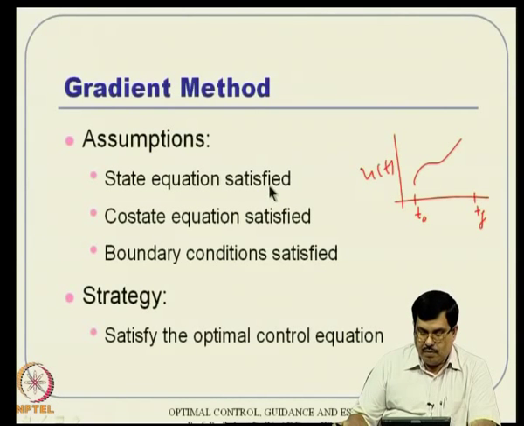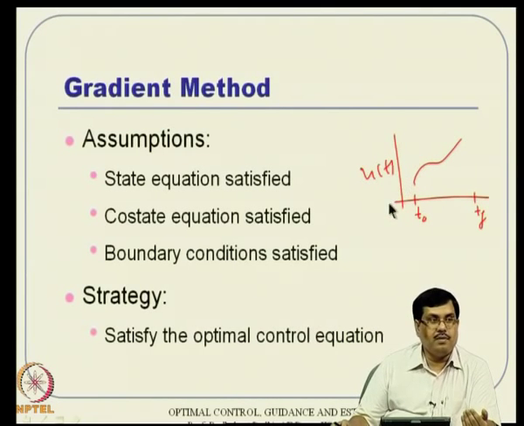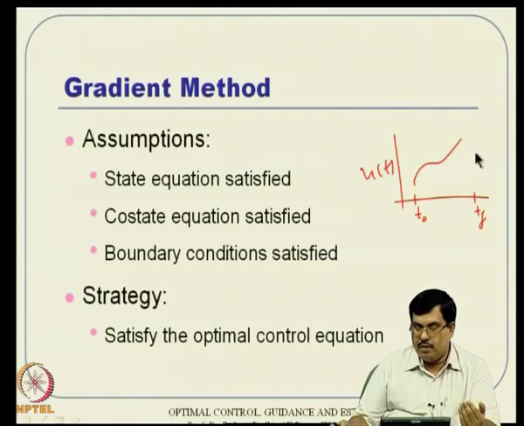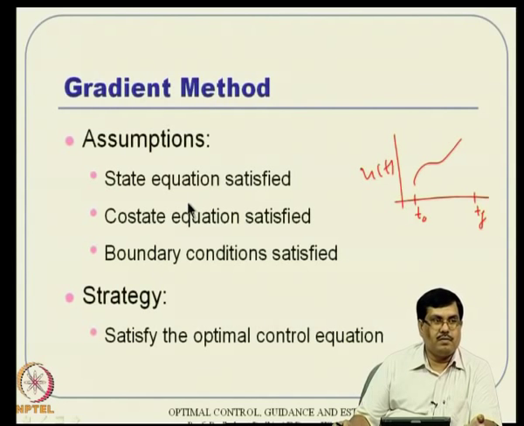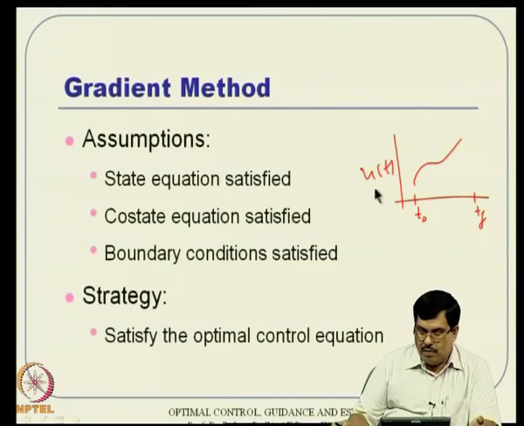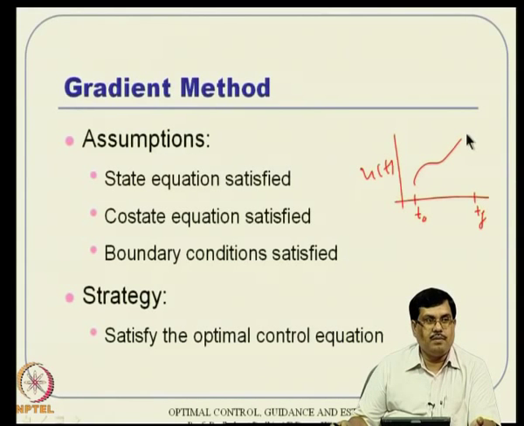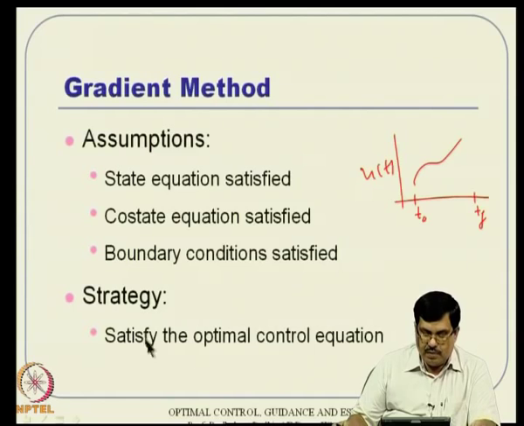Now, you can calculate the final co-state using that. Starting with that final condition of the co-state, you integrate it backwards. So, the co-state equation is satisfied. And you are starting with the initial condition of the state, and you are using the final boundary condition of the co-state, so the boundary conditions are also satisfied. So, what ultimately remains to be satisfied is the optimal control equation. That is the whole idea there.